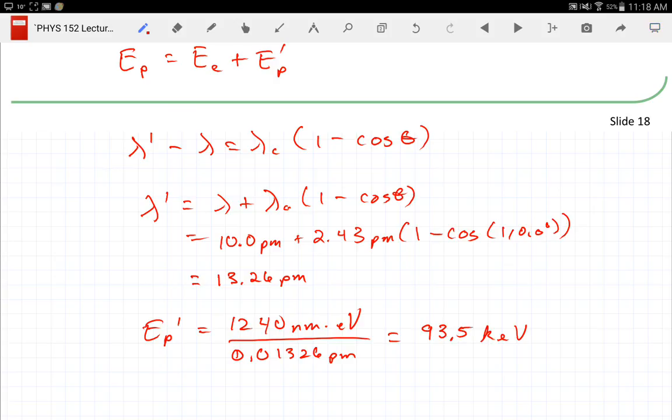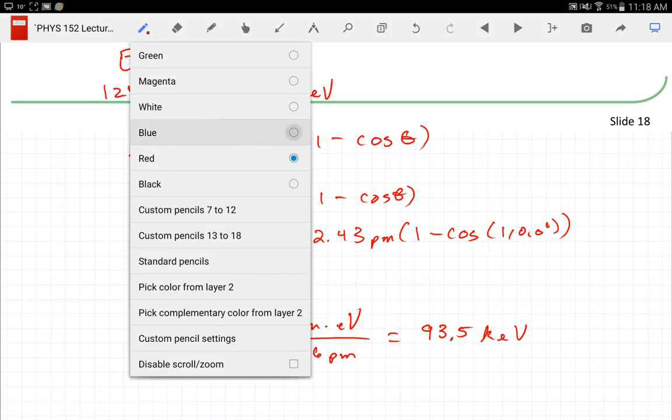And now we can answer the question. I know the initial and final photon energies, and so I just have to subtract.